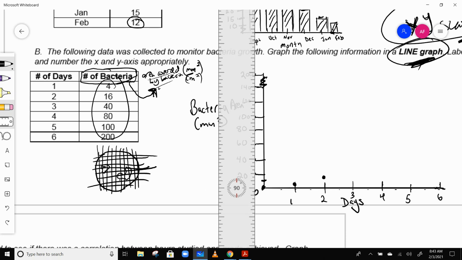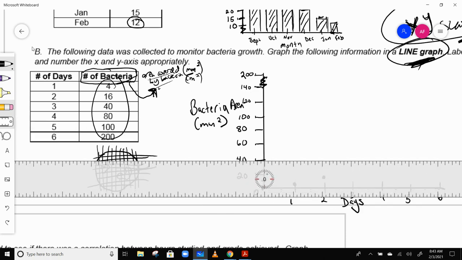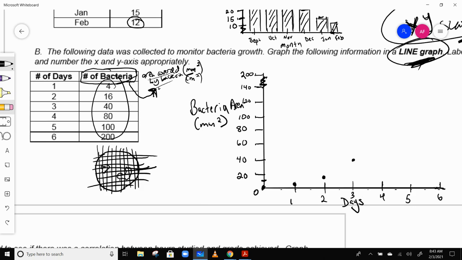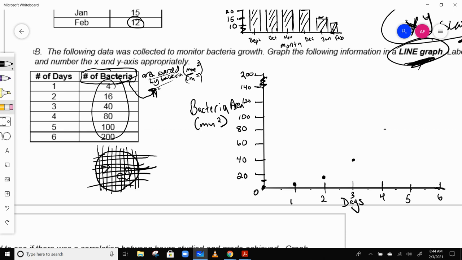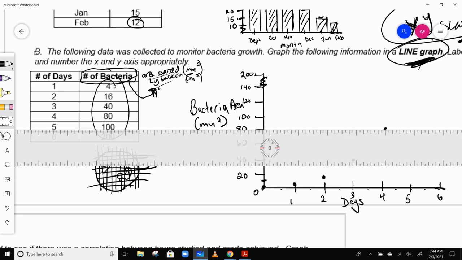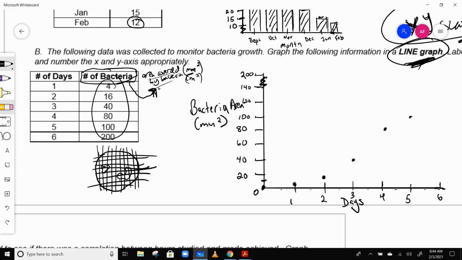Again, you do want to take your ruler and find it exactly, if you can do it exactly, do it exactly. So that's 40 right there. And then 80, and then 100, and then 200.